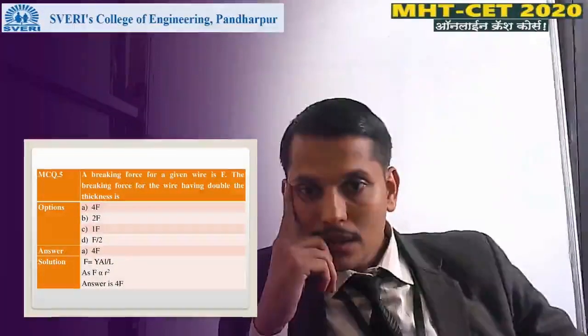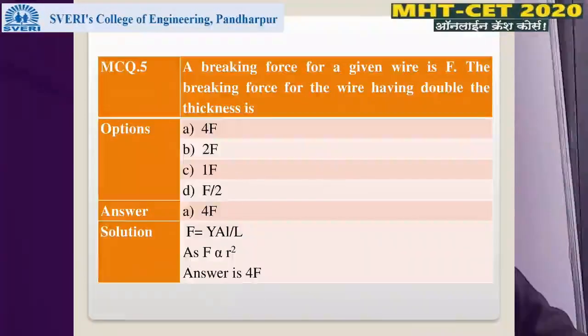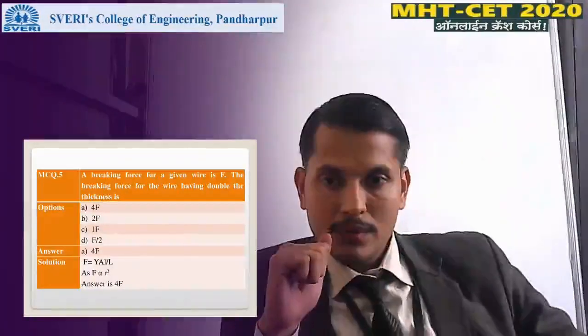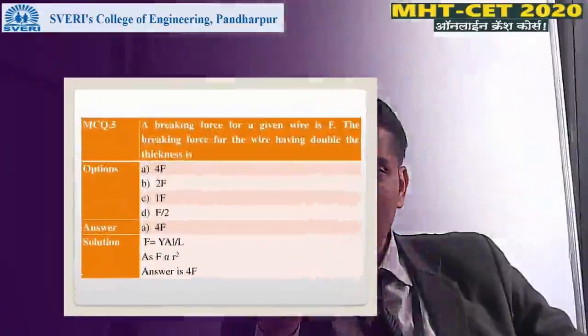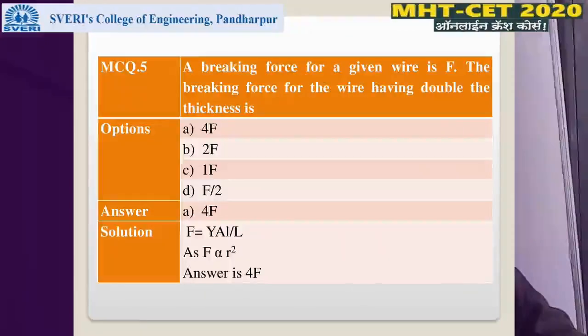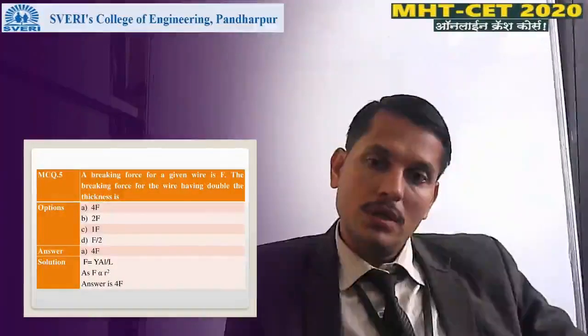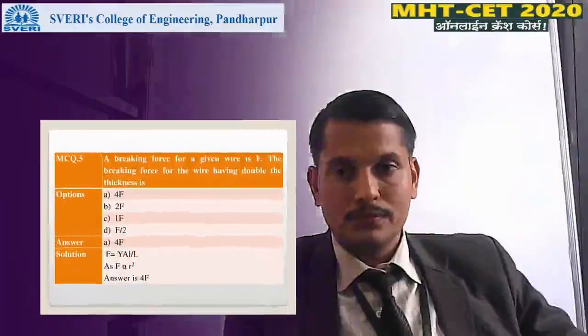The relation between F and the radius is that F is proportional to r square. So the answer becomes 4F. As the radius is doubled, it gets squared and it simply becomes 4 into F, that is force.